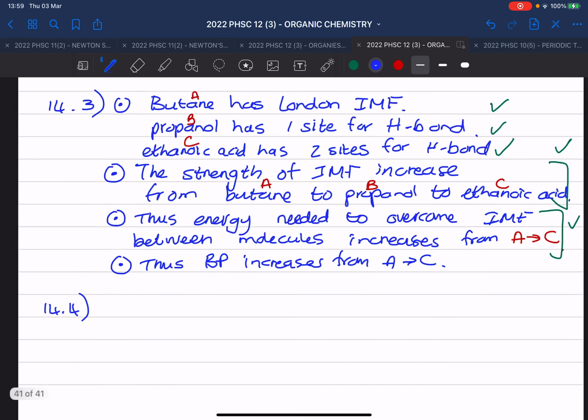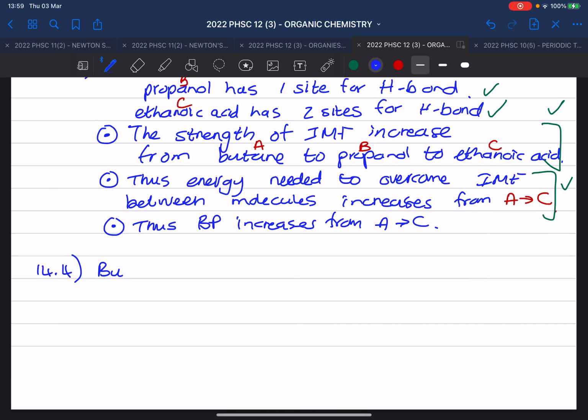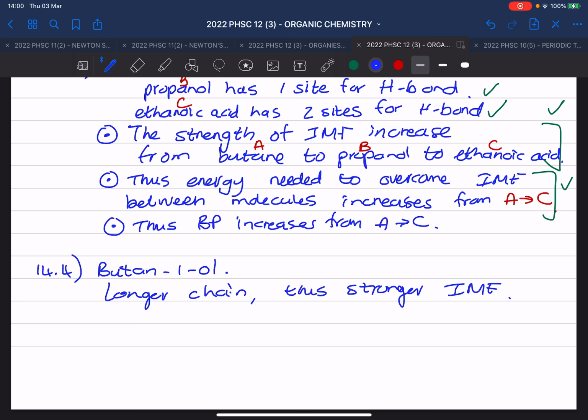So because butan-1-ol has 4 carbons, for 1 mark they say give a reason for your answer. It is a longer chain, thus stronger intermolecular forces. Okay, you with me? Good luck, grade 12s.